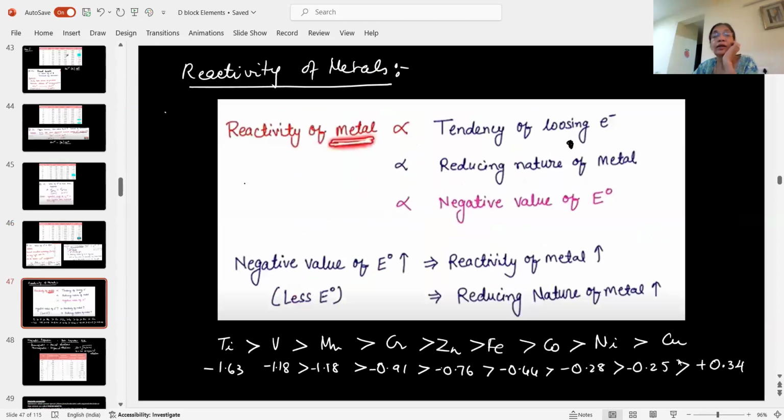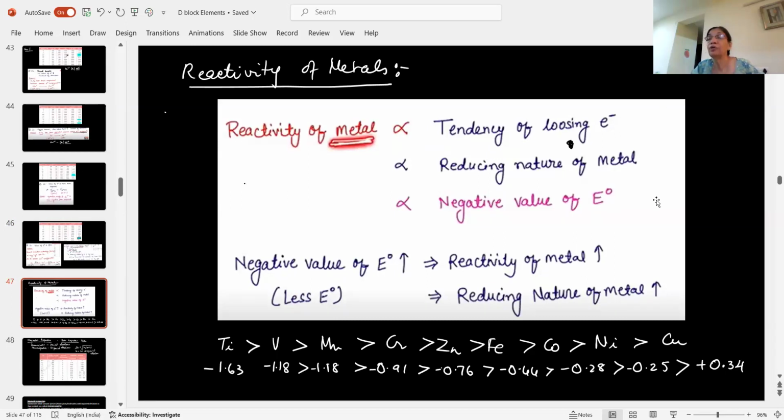Then reactivity of the metals also depends on the tendency of losing electrons, and the reducing nature of the metal is directly proportional to the negative value of E0. As the negative value of E0 increases, the reactivity of the metal also increases, right?